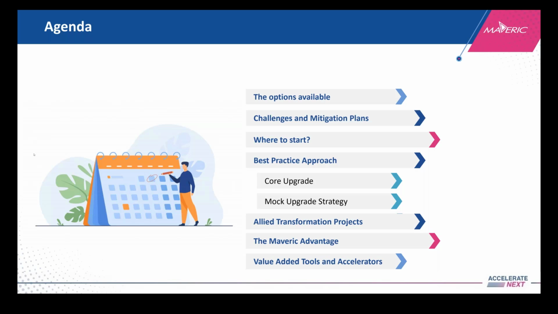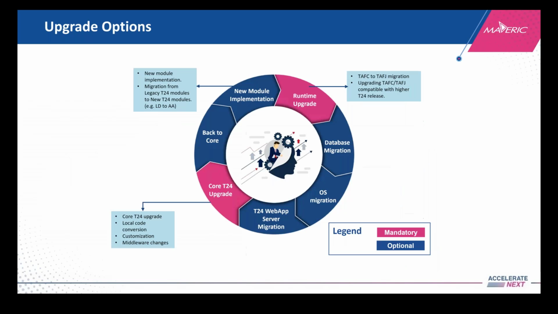So I would like to start with the options that are available for the bank when they wish to go in for an upgrade. Broadly classifying the options that are available, there are two mandatory activities that need to be done.